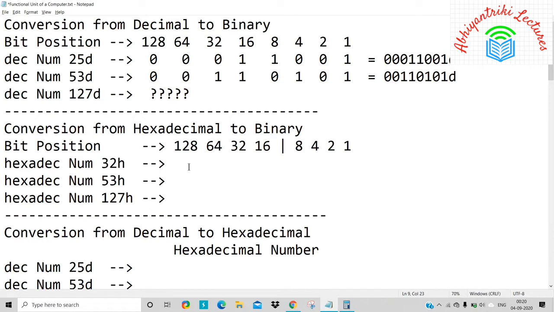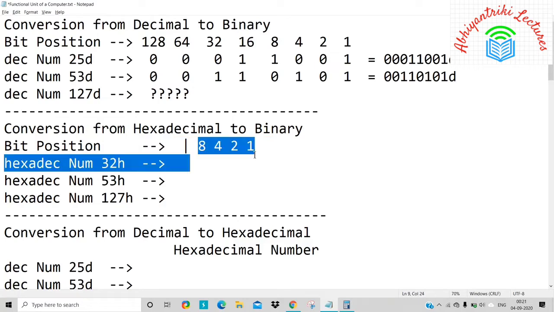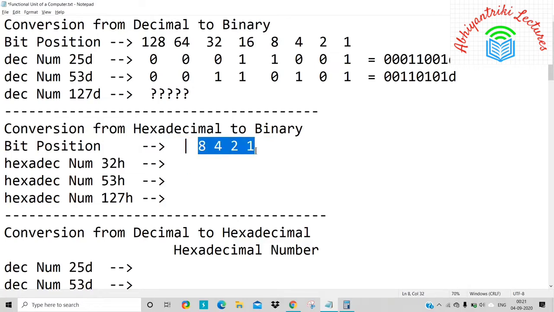First take the first digit, that is 3. This 32H has 2 digits, the first is 3 and the second is 2, right? So first convert this 32H to binary. I'll just remove this and replace it with 8421, the same.